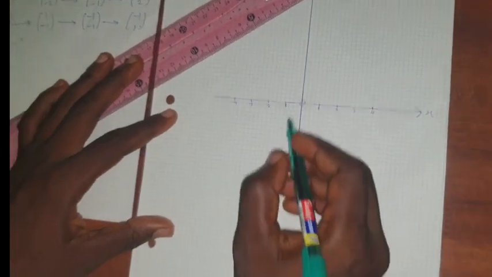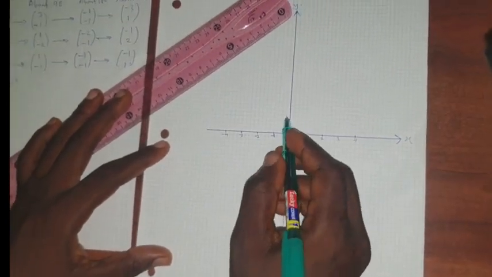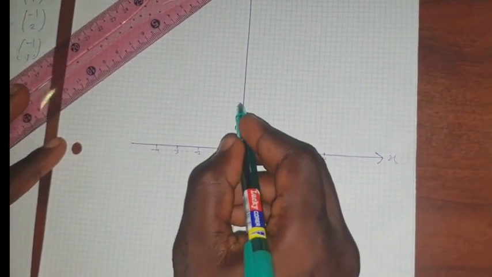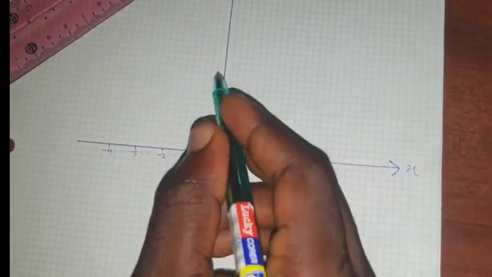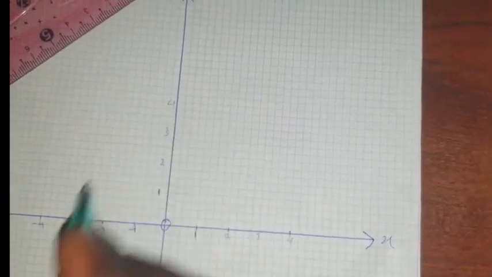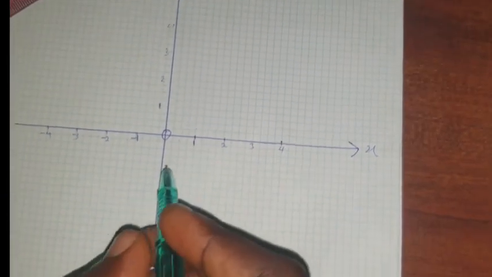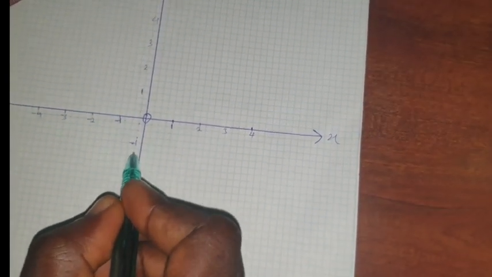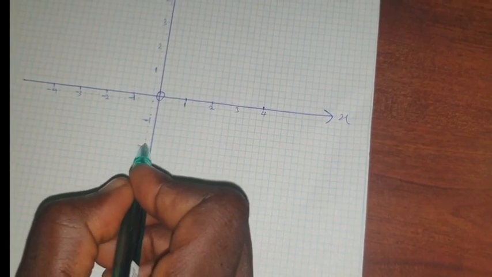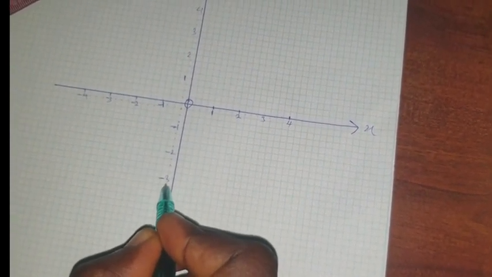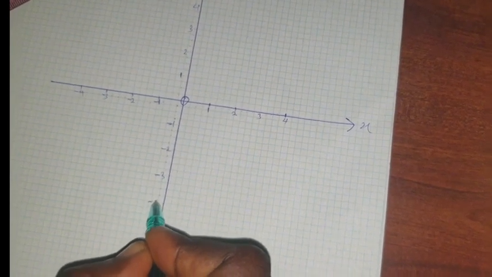Then on the positive y-axis, 1 up to 4, and on the negative y-axis, minus 1 up to minus 4.